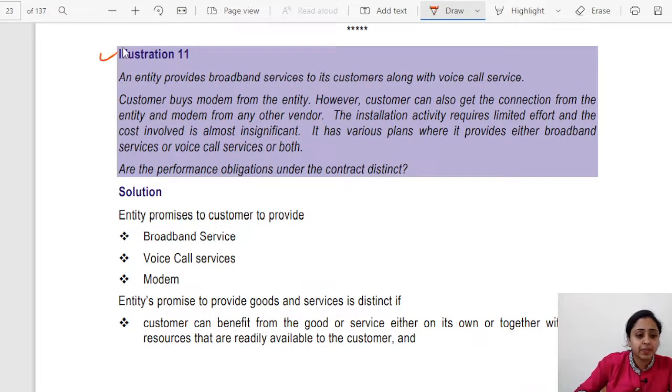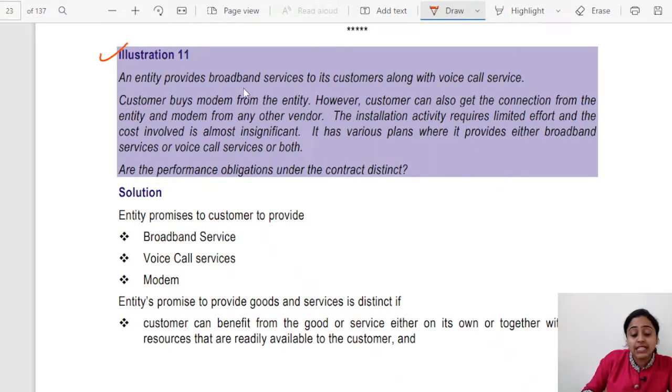An entity provides broadband services to its customer along with voice call service. The customer buys a modem from the entity. However, the customer can also get the connection from the entity and the modem from any other vendor. So there is no compulsion that you need to buy the modem and the services from one particular entity.